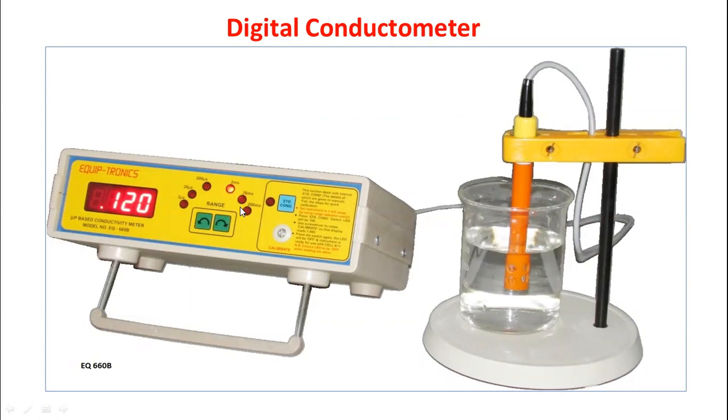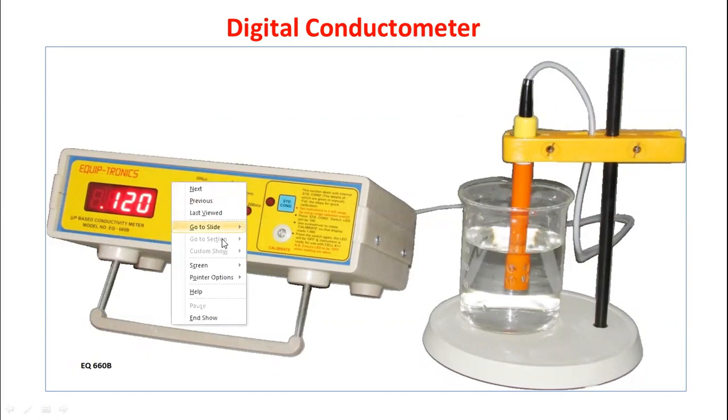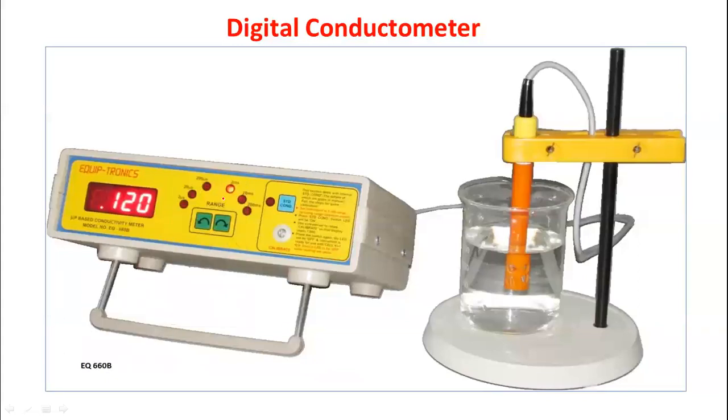Then we have to keep the knob on the 2 millisiemens range. The red signal will be there, 2 millisiemens. This display will show the reading around 1.000. It means that the conductometer is in the standardized condition.